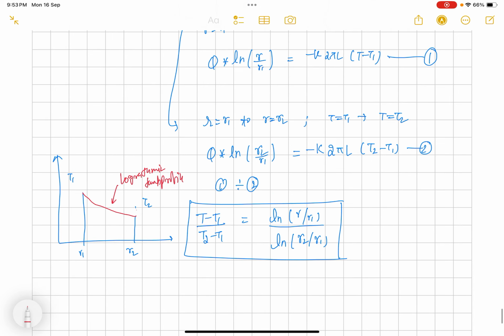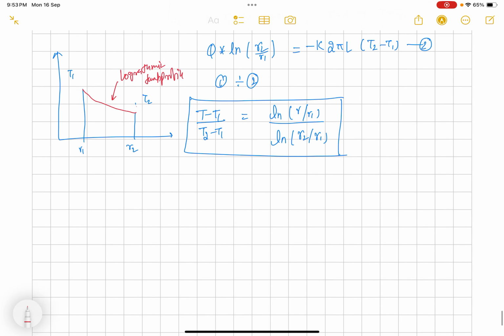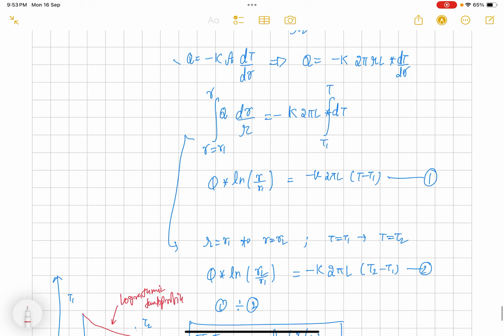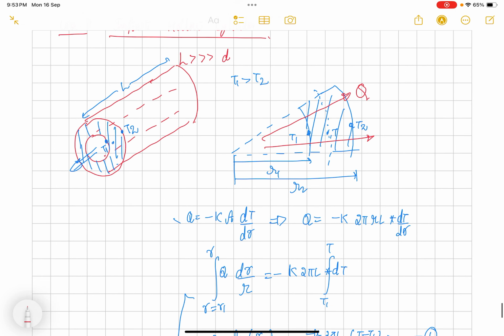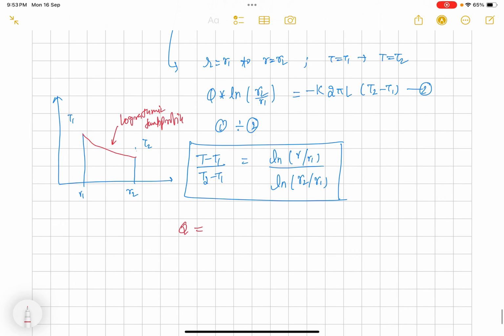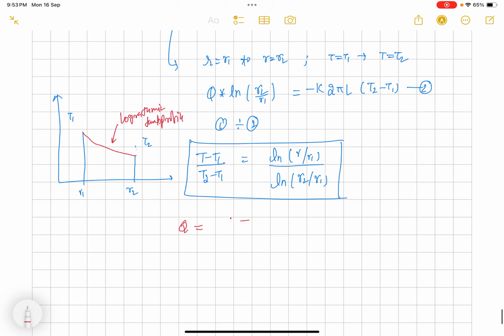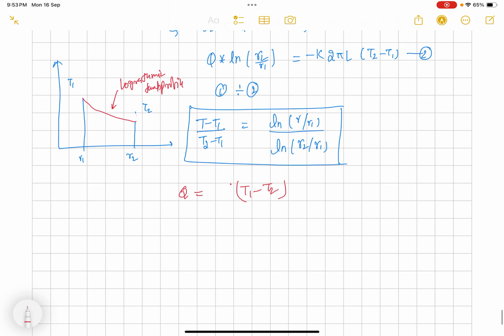Now if we rearrange equation 2, we can get the heat transfer through the hollow cylinder. What is this heat transfer value? Rearranging that, we can get T1 minus T2 divided by ln R2 by R1 divided by 2 pi KL. Similarly, this is like temperature drop divided by thermal resistance.